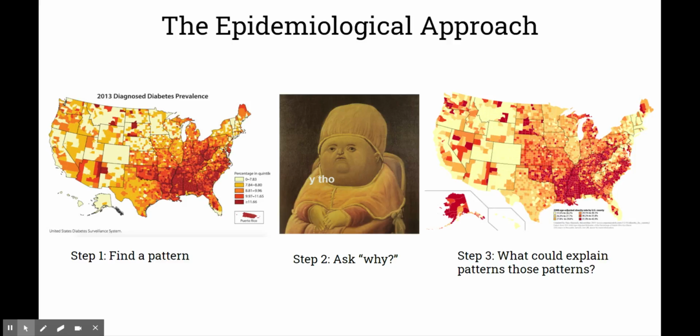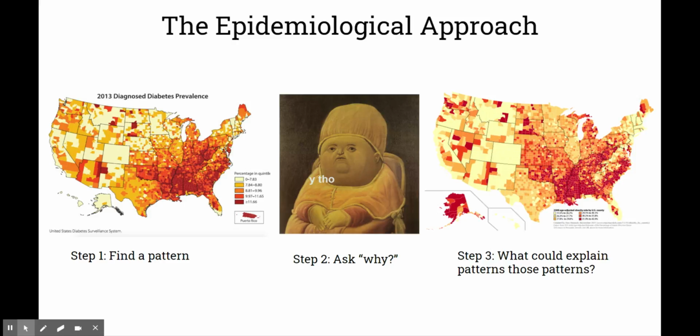And the next logical step is to ask, well, why is that? Why is diabetes higher in some areas and lower in others? There's some reason for why disease looks the way it does in a population. Disease seldom is just kind of random. Usually there's some thing or things causing disease to look the way that it does. Sometimes it's in a map, sometimes it's comparing groups of people, sometimes it's looking at trends in disease over time.